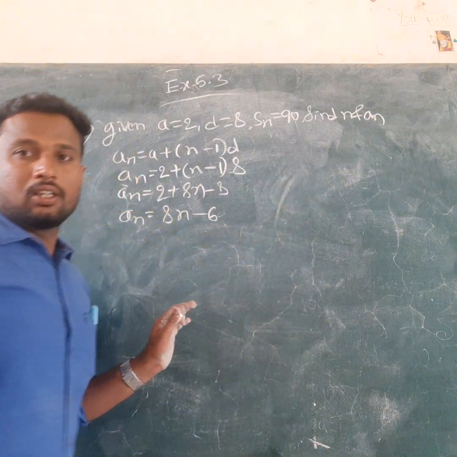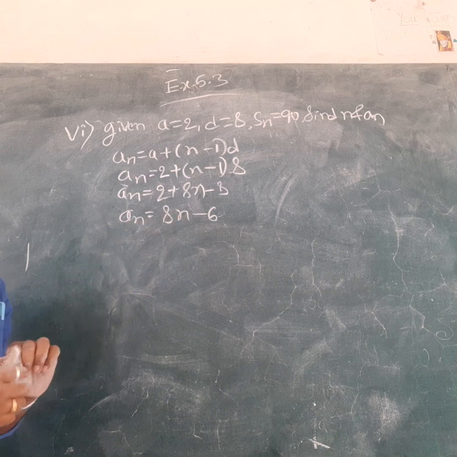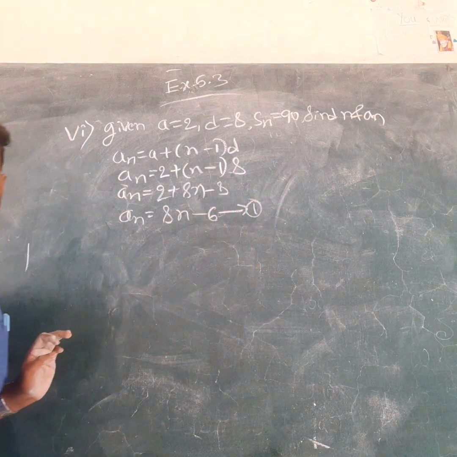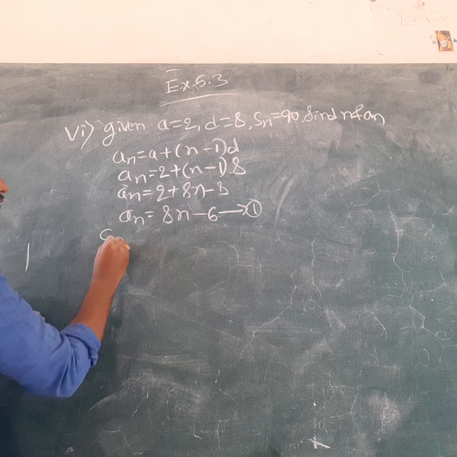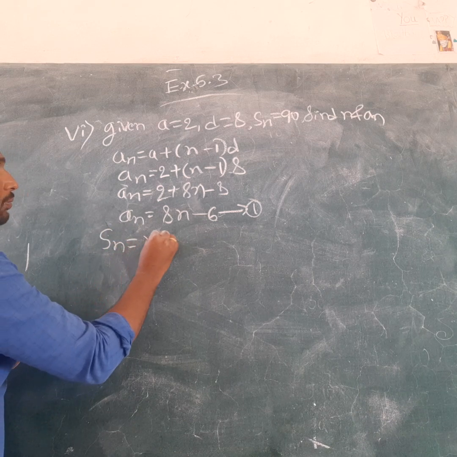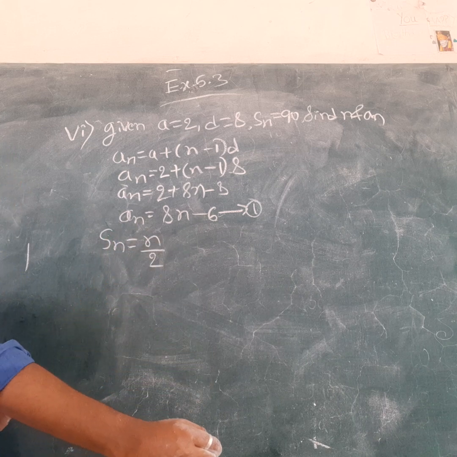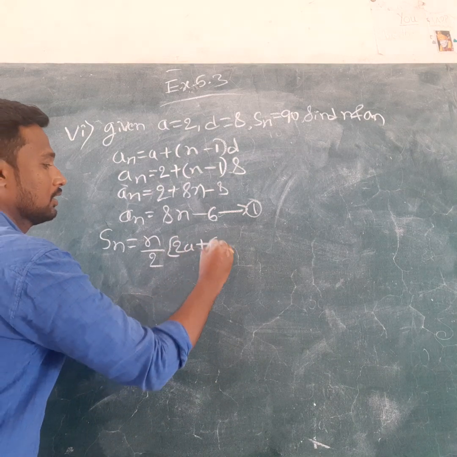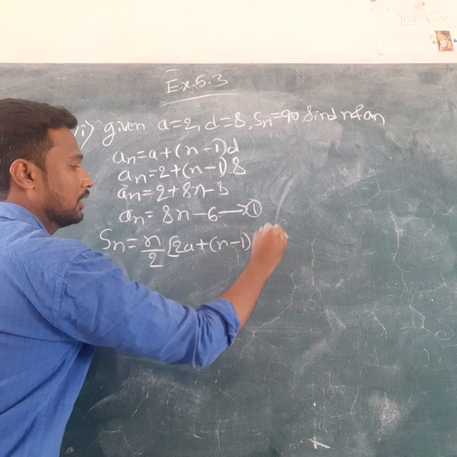Now I don't have the values of an and n. So I will consider this as equation 1. Okay. So now I will use the formula of Sn. What is the formula? Sn is equal to n by 2 into bracket 2a plus n minus 1 into d.